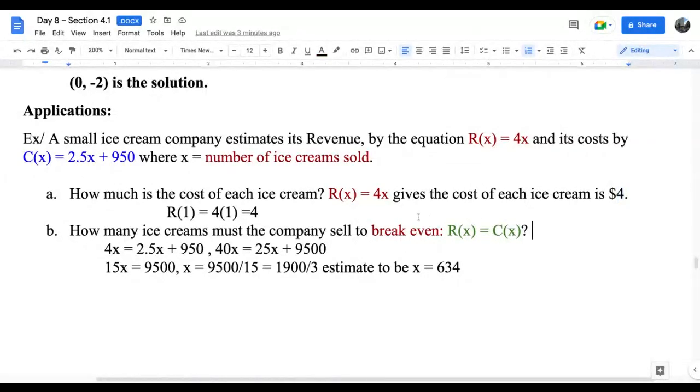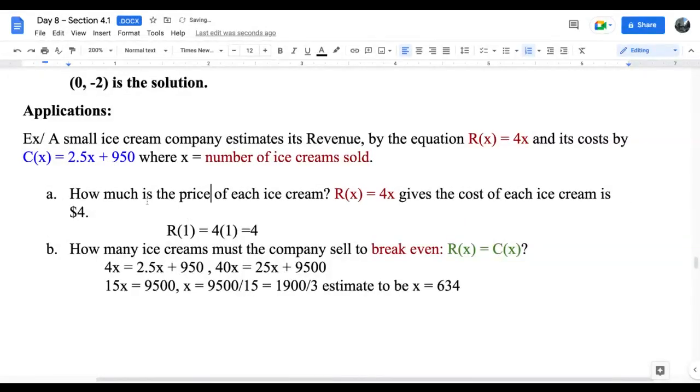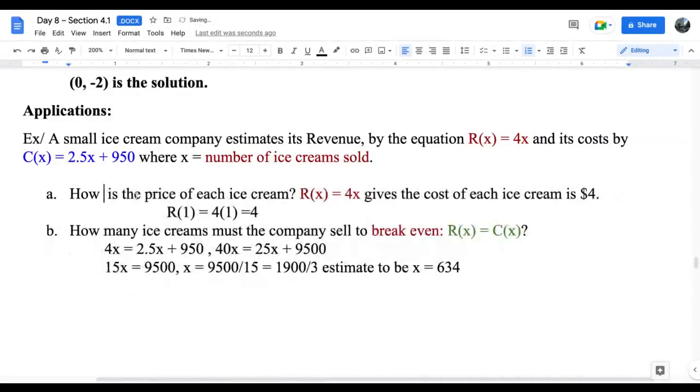Hold on a second, but this is cost. Let me change this. What is the price? What's the price of each ice cream?